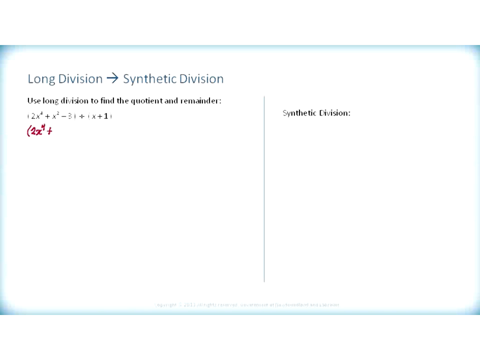So as a result, we put in 0 as the coefficient of the cubic term, plus x squared, and notice that there's no linear term. So once again, we put in 0 as the coefficient of the linear term, minus 3. And the polynomial is divided by x plus 1.